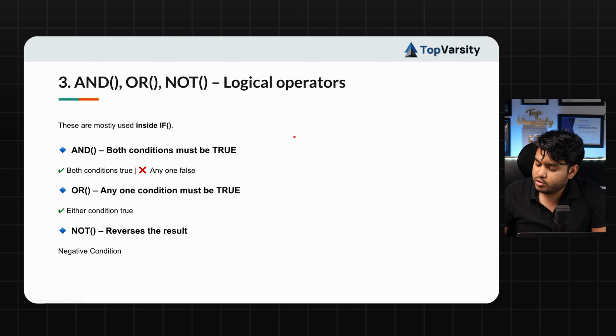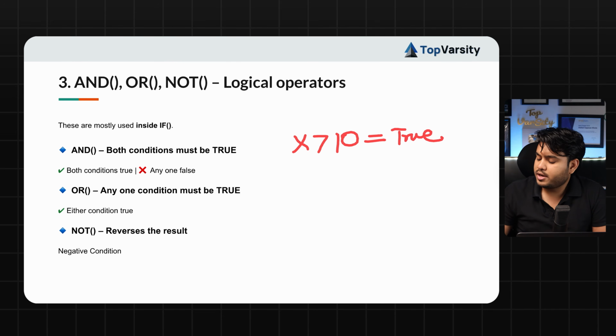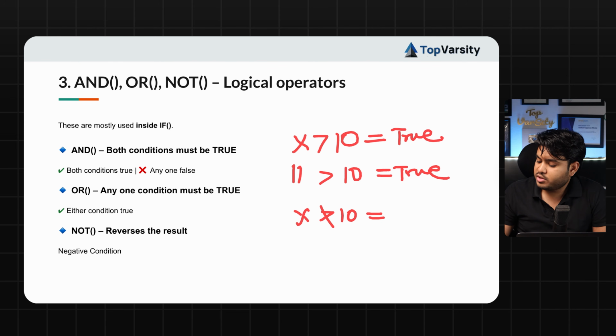So for example, if I want to write x is greater than 10, and if it is greater than 10, then write true. For example, x is 11, which is greater than 10, yes, so I'll write true. If x is not greater than 10, please write false. 11 is not greater than 10, it is, then it will write true.